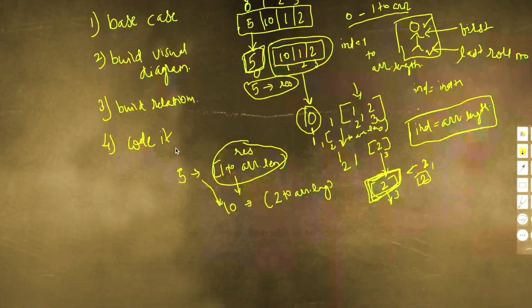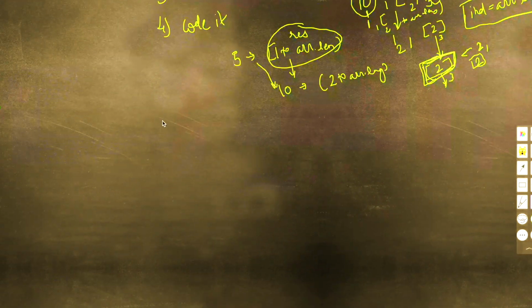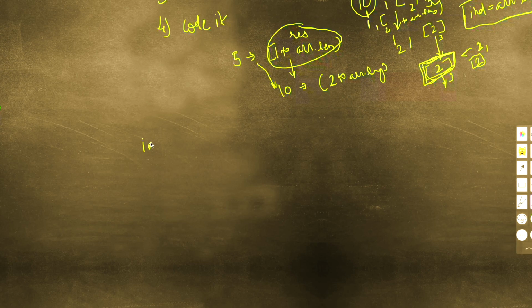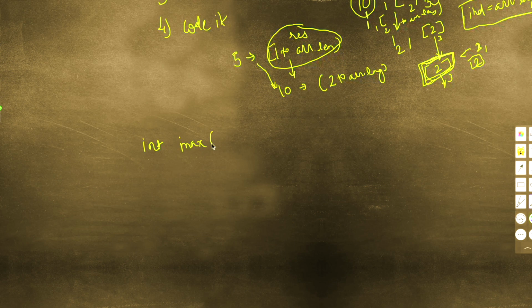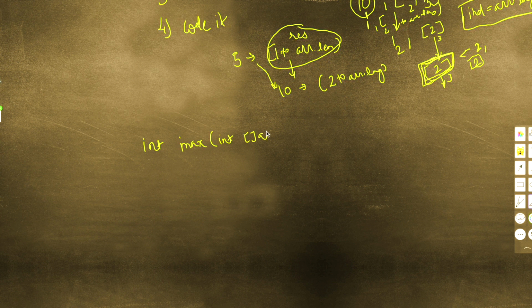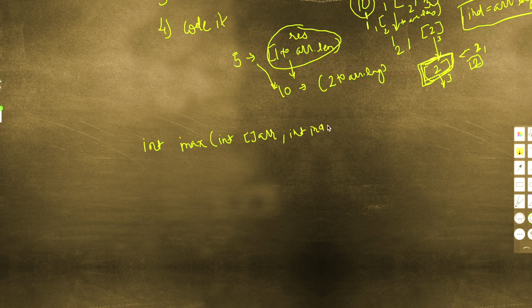Okay, let's code it. So suppose I have one function which is going to return the maximum in the subarray. Let's name the function max. It will take two arguments, one is your array and one is your index.